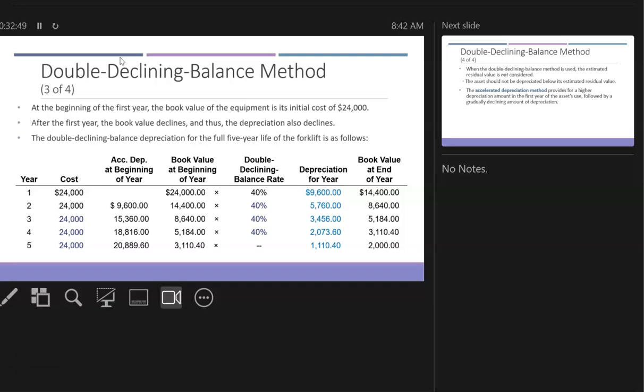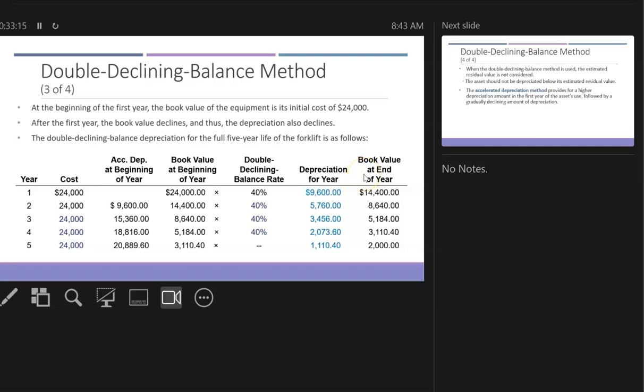Or we take the cost of the asset, $24,000 times 40%. Then at the end of year 1, we show the cost was $24,000 minus our $9,600 we took in depreciation, which gives us an ending book value for year 1 of $14,400.